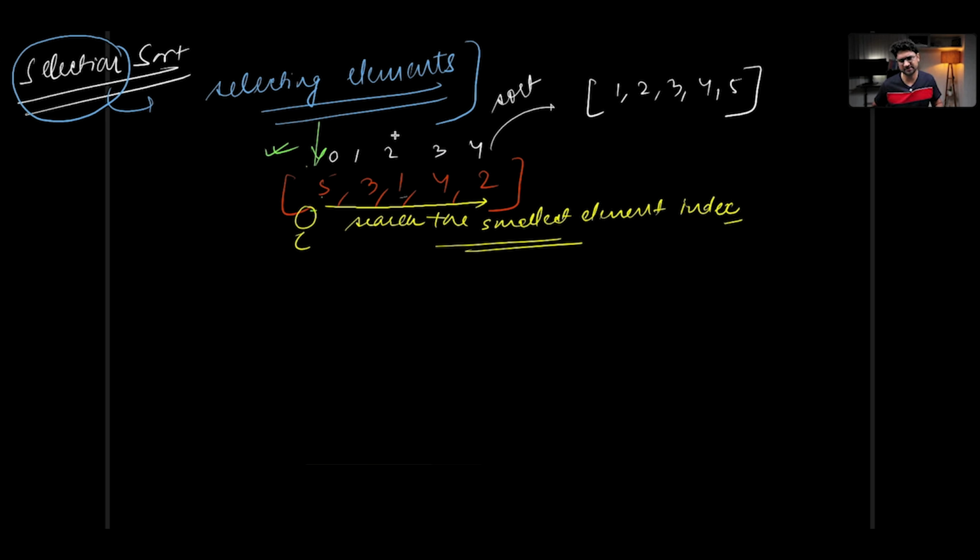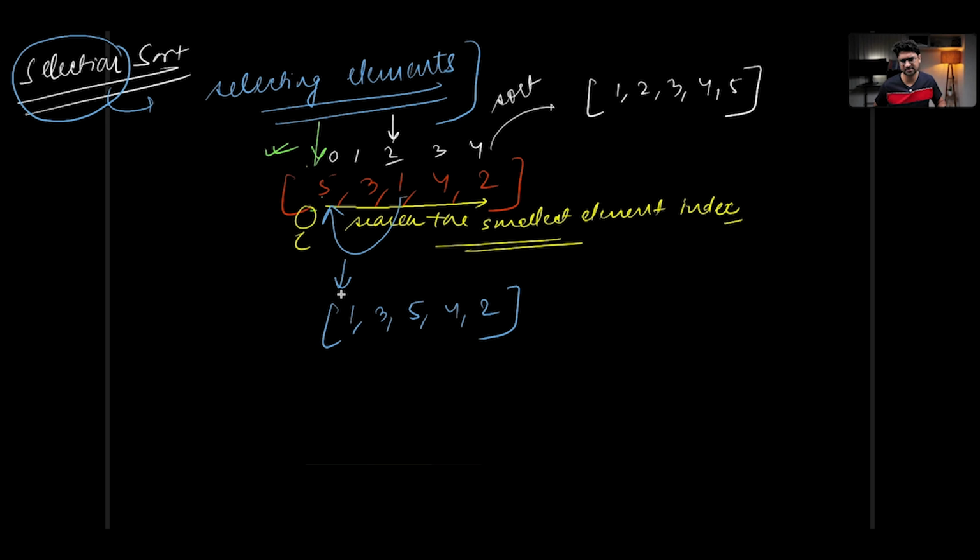The smallest element is 1 and its index is 2. So I swap 1 and 5 here, and my array becomes 1, 3, 5, 4 and 2.